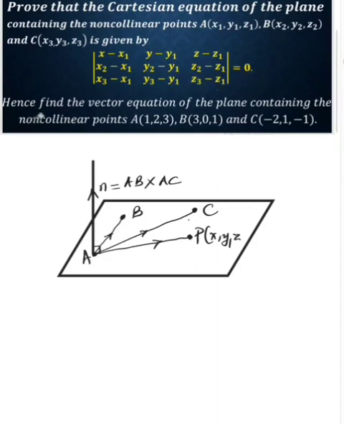Hence, find the vector equation of the plane containing the non-collinear points A with coordinates 1, 2, 3, B with coordinates 3, 0, 1, and C with coordinates -2, 1, -1.